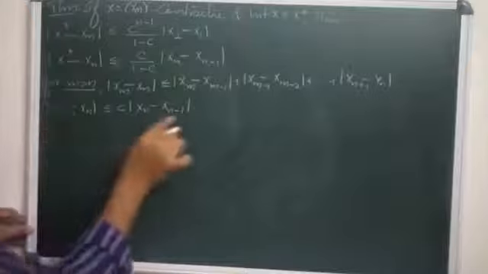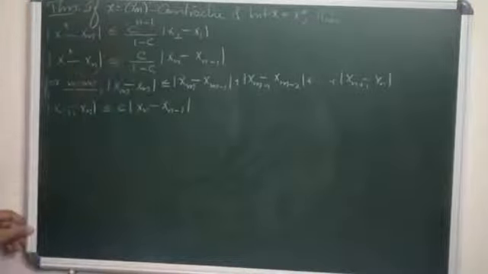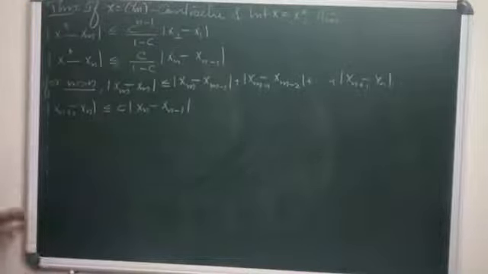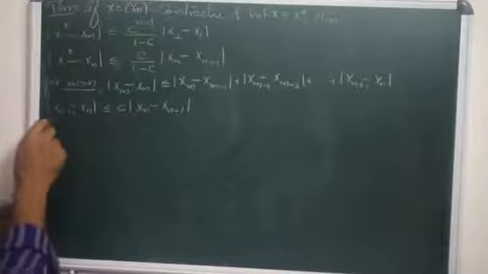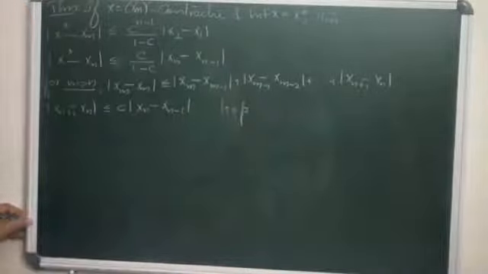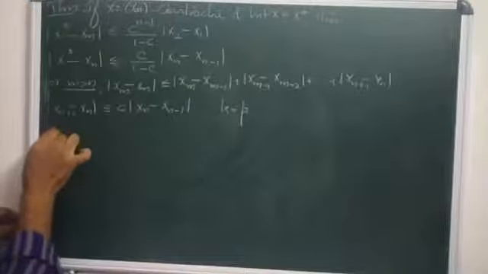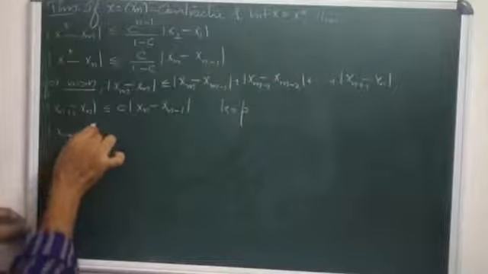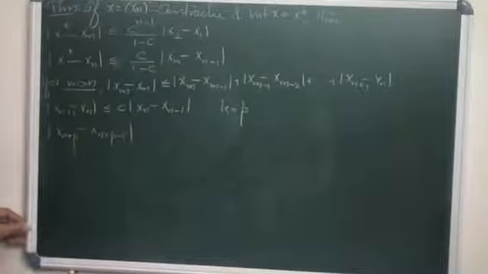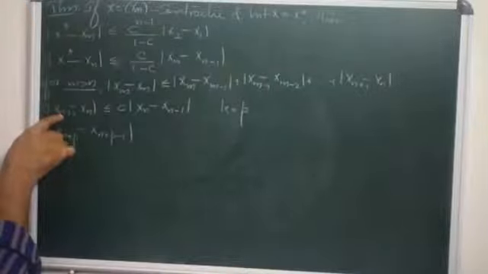So this result is true for n equals 1. Now we assume that the result is true for some k equals p. That is, suppose the result is true for n equals p.